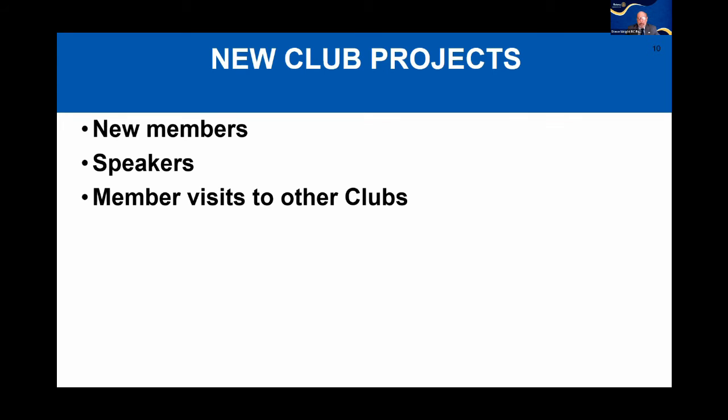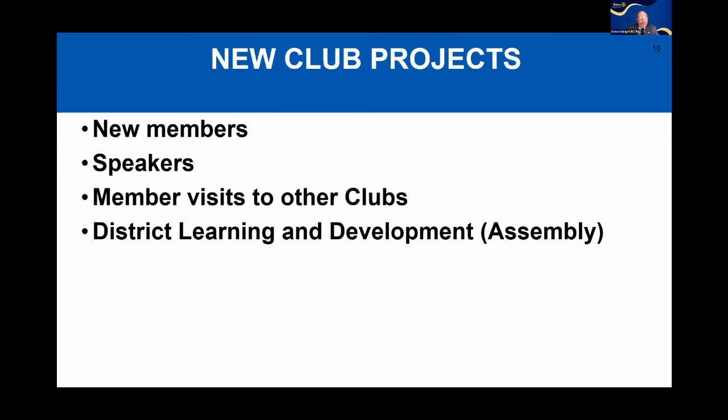Your member visits to other clubs. With Zoom, this is incredibly easy at this point. What are other clubs doing? You're going to hear a lot of suggestions today based on what other clubs are doing with their projects. It's a great source, and it's a tremendous compliment to an existing club to take their project and replicate it in your own club. Assemblies, you're here. Welcome. We're here to help those that are watching us learn about projects here.